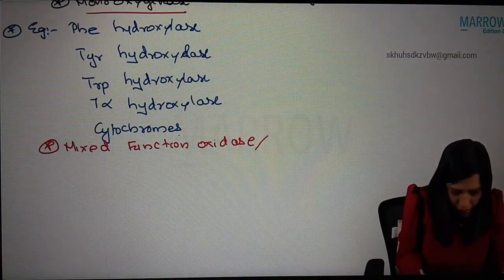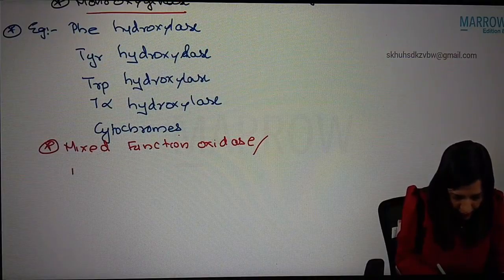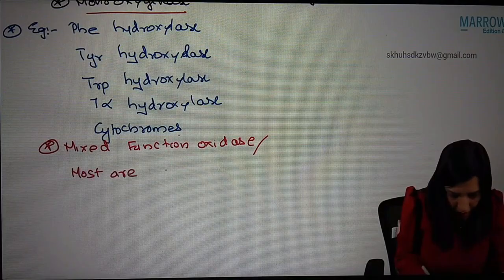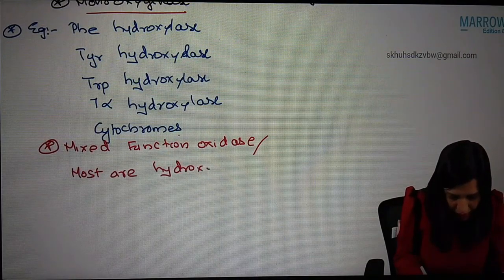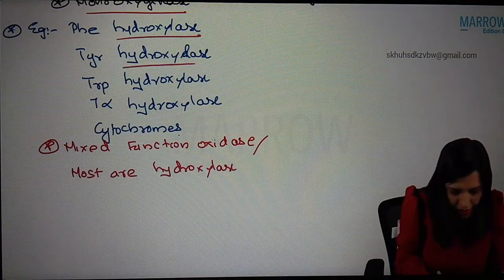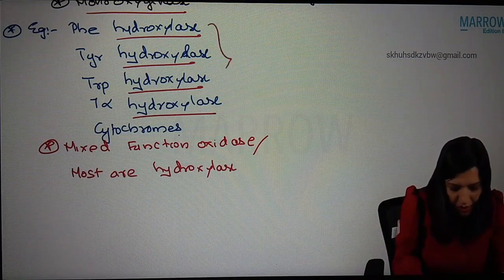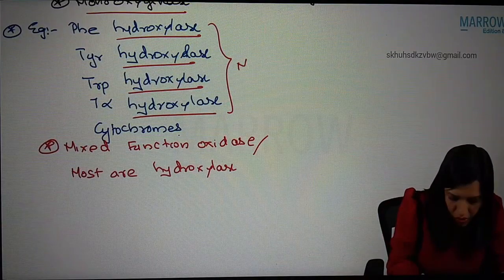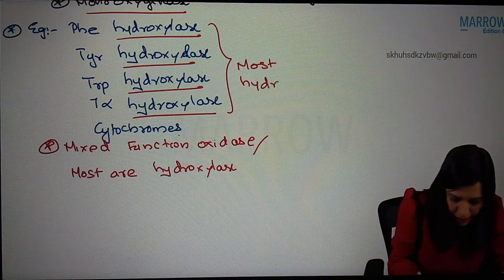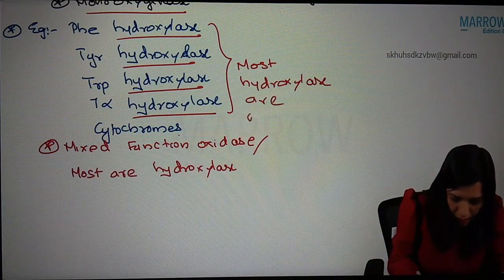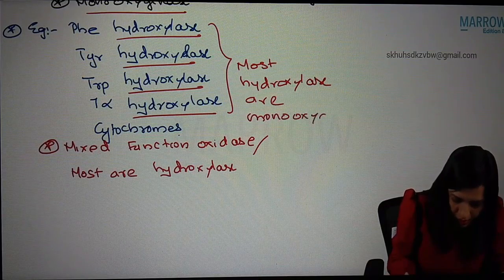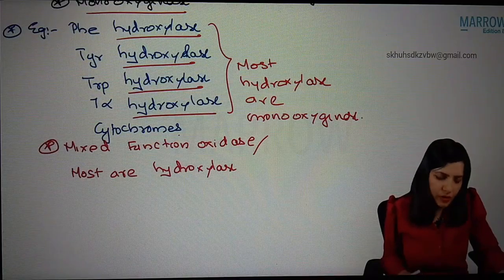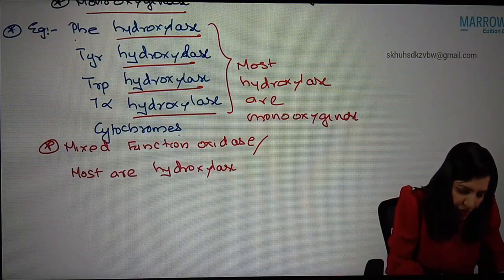Most monooxygenases are hydroxylases, so in general, most, not every, hydroxylase is a monooxygenase.